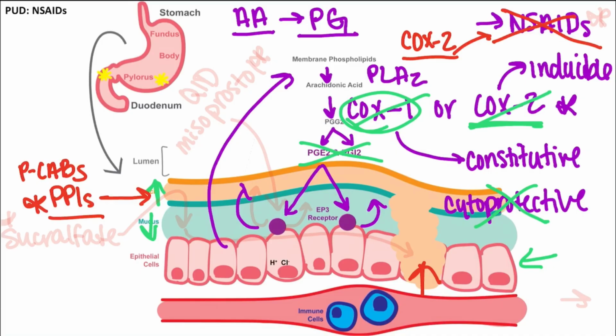The next agent we're going to talk about is misoprostol, which is honestly pretty uncommon and, kind of like cimetidine was with GERD, not really used for this indication, but more used for other indications related to its off-target effects. So misoprostol, or Cytotec, is a prostaglandin analog.